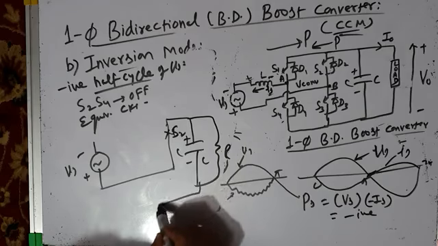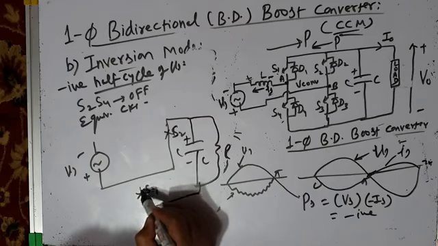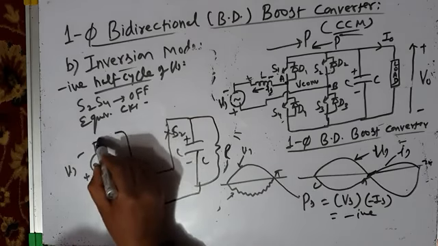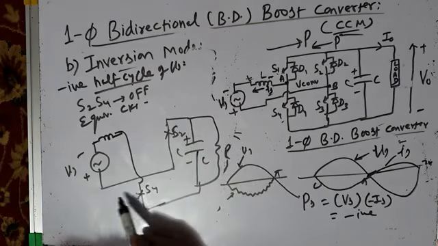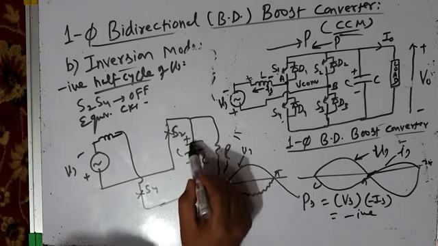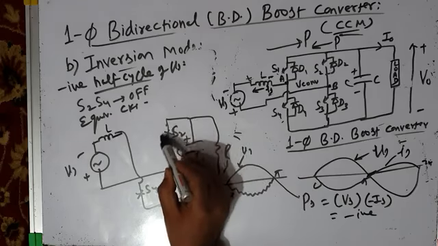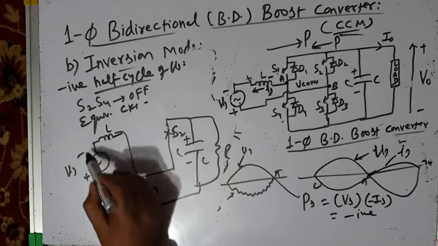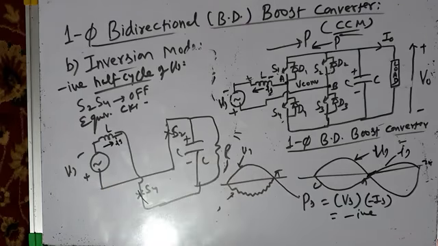Resistor and S4 is also on. So the capacitor will discharge like this. See, the capacitor will discharge like this, then current will flow through the inductor like this, return path.